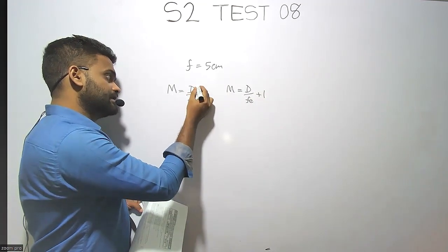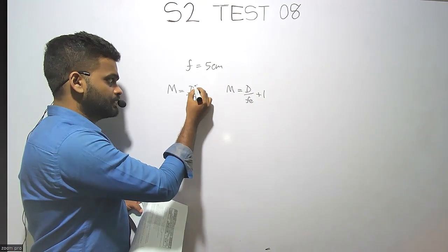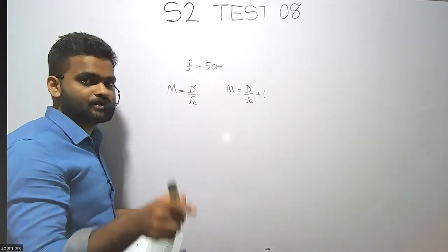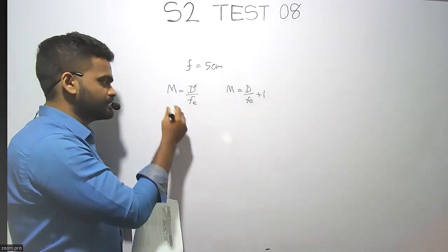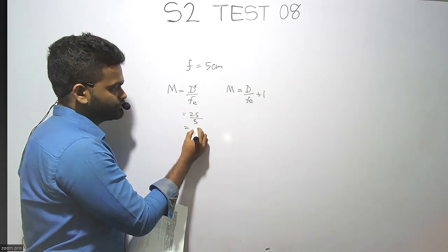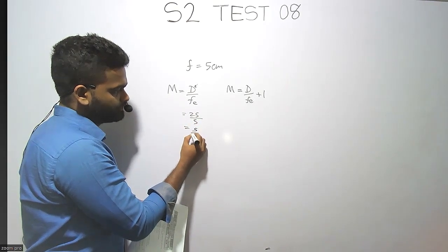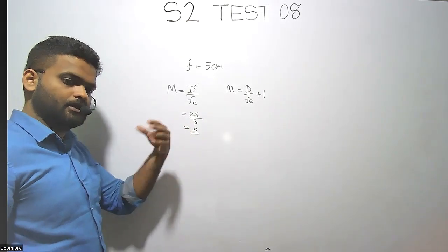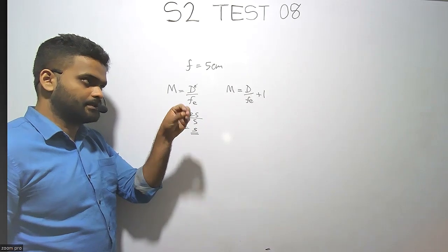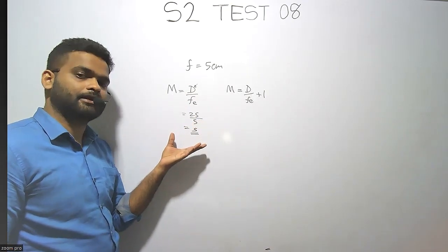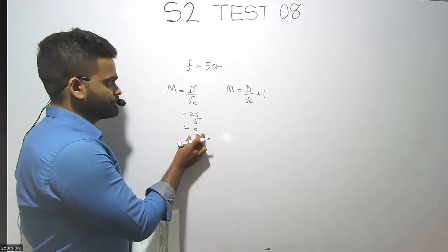So D means least distance of distinct vision, that is 25 centimeters. F is 5, so this is 5. You do not substitute minus, right? Because these are magnifications. You just need to get how many times something is larger, so you don't need negative values there.